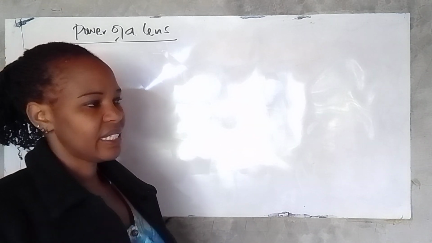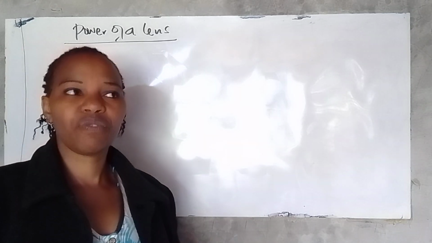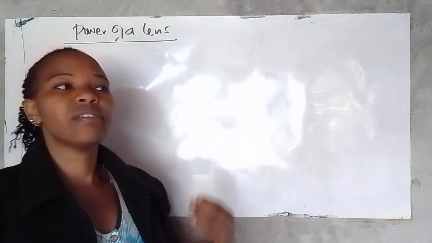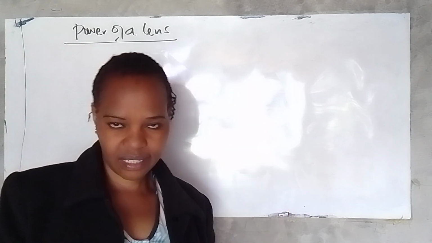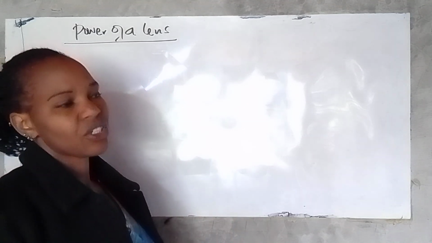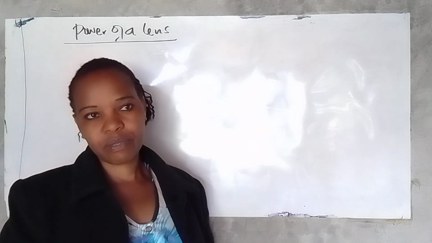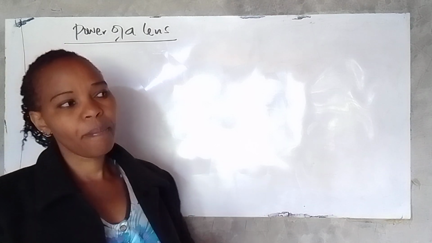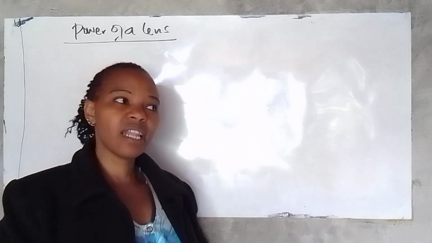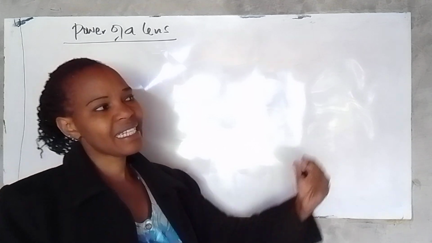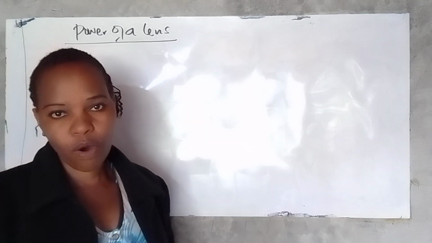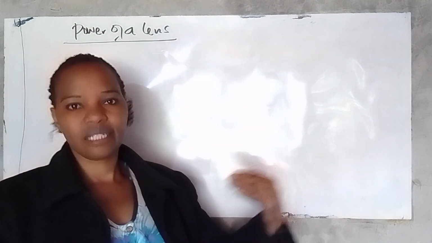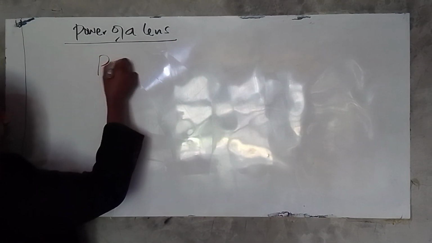So in terms of refraction, a more powerful lens has a larger refractive index, meaning it is able to bend light more than one that is less powerful. So it is a function of the focal length.